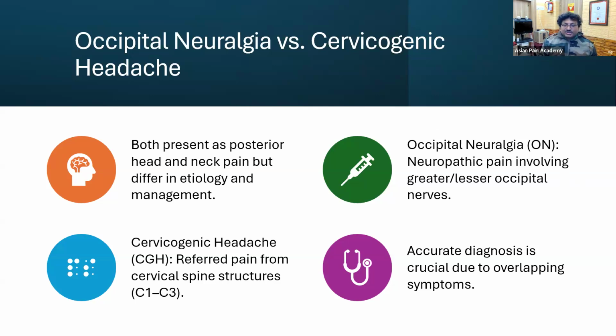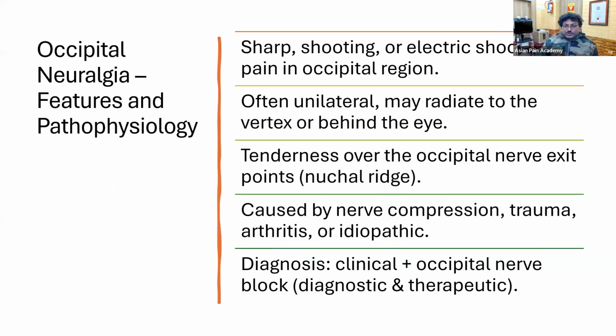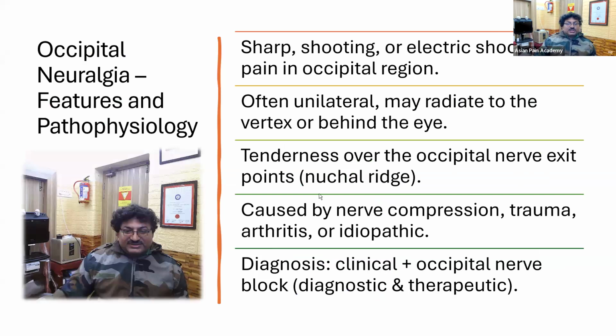Whereas the lesser occipital nerve can be trapped in the fascial plane. Whereas cervicogenic headache is mainly referred pain from the cervical spine structures C1 to C3, and accurate diagnosis is crucial, and that is done mostly through diagnostic blocks.